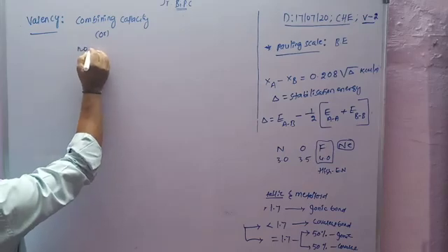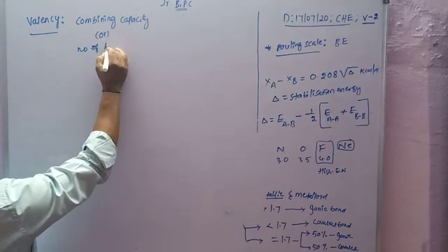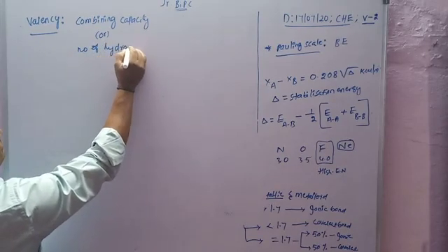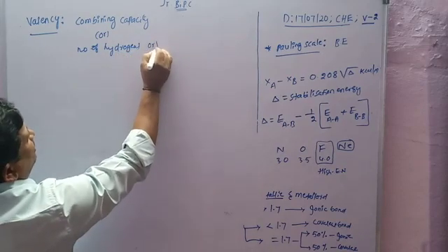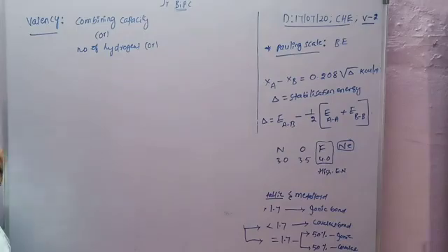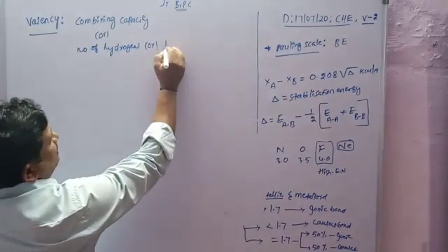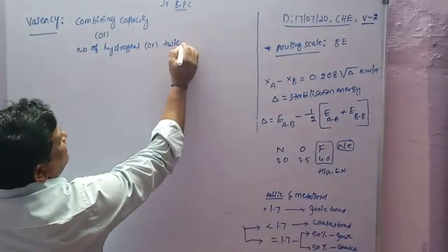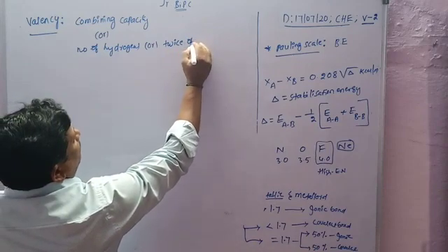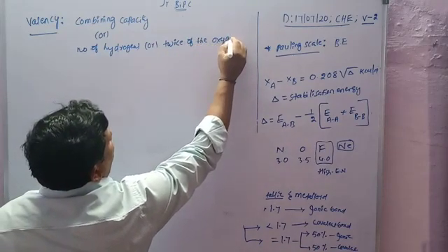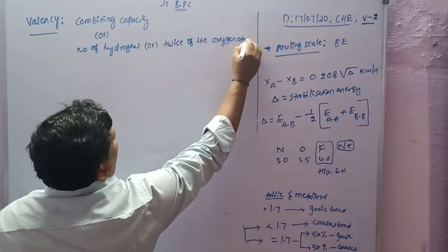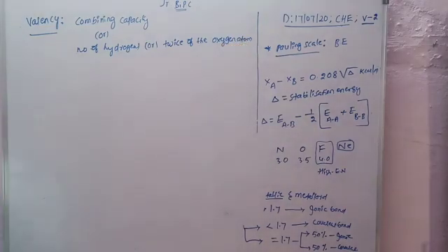Number of hydrogens, or twice the number of oxygen atoms, is called valency.